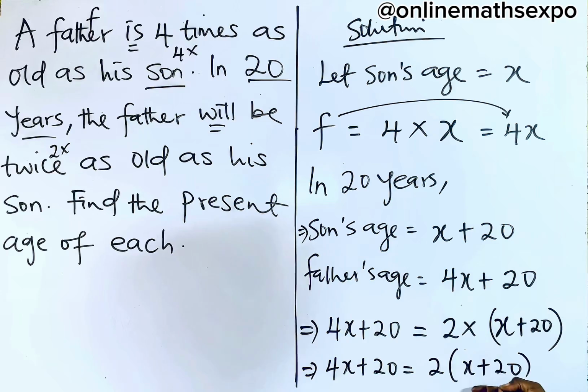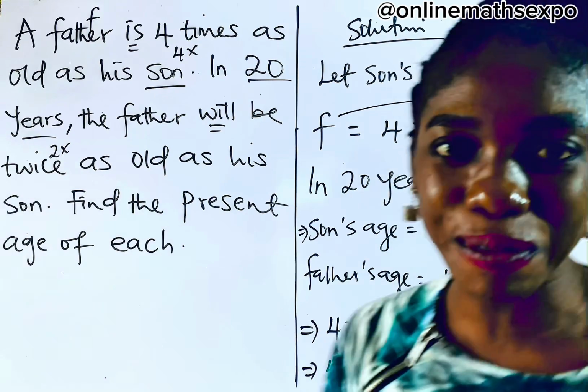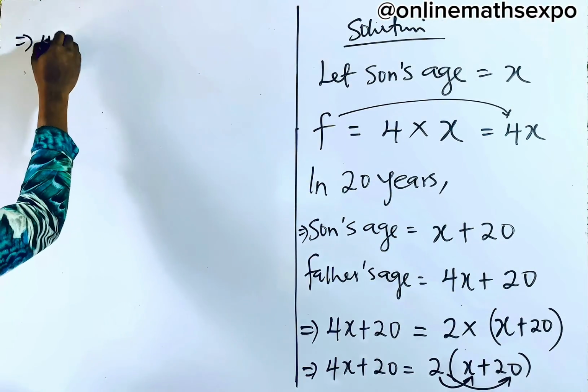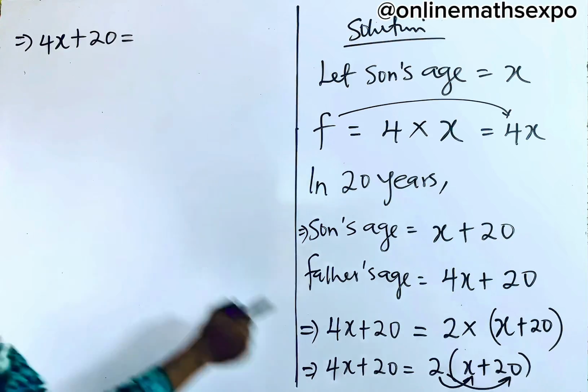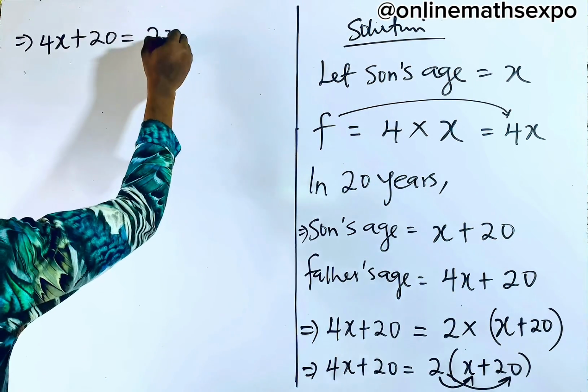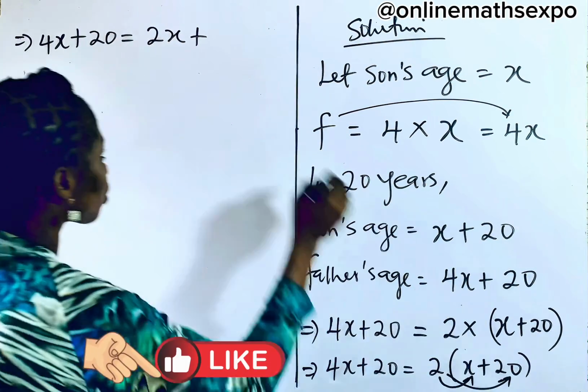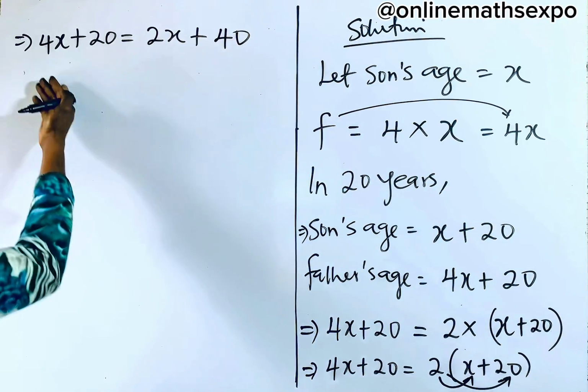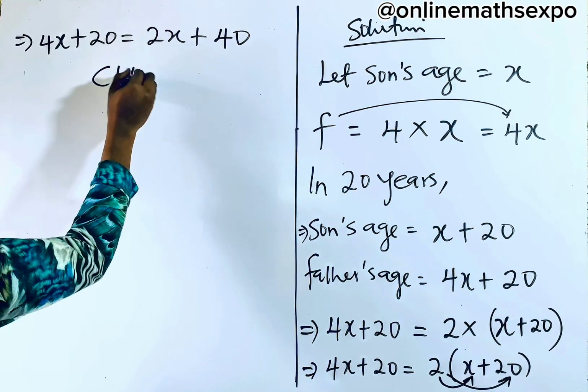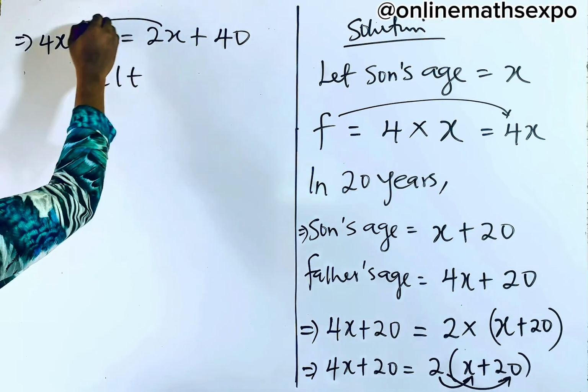So let's write this way so that you can easily distribute the 2 into the bracket. If you solve this, see what we have. 4x plus 20, 2 multiplies x gives you 2x, 2 multiplies 20 gives you 40. So you see you can now collect like terms. You can take this to the left side.